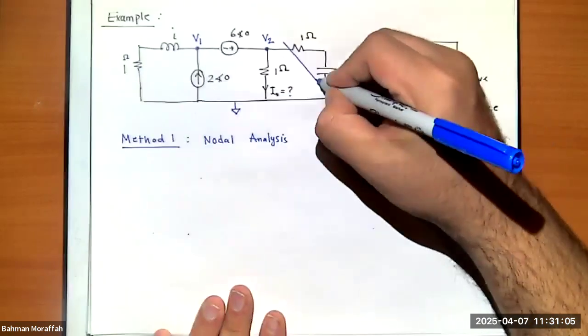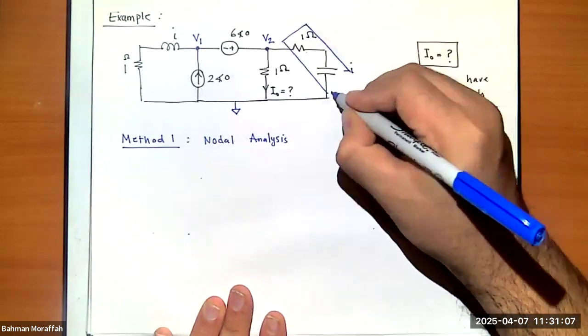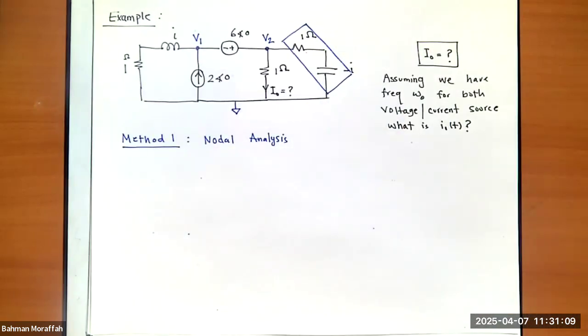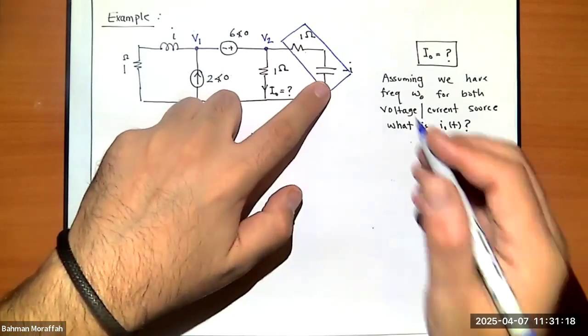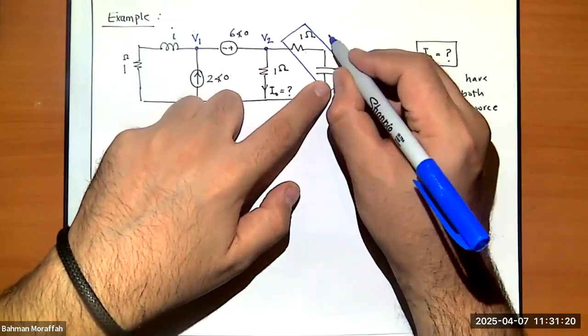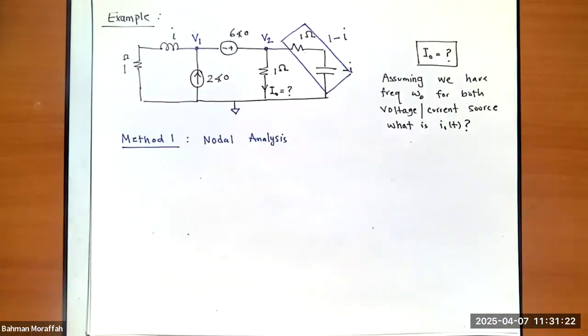If I combine them, what is the combination here? There are two resistors back to back in series. The combination would be 1 plus this value, which is minus i. So it's 1 minus i. How about over here?